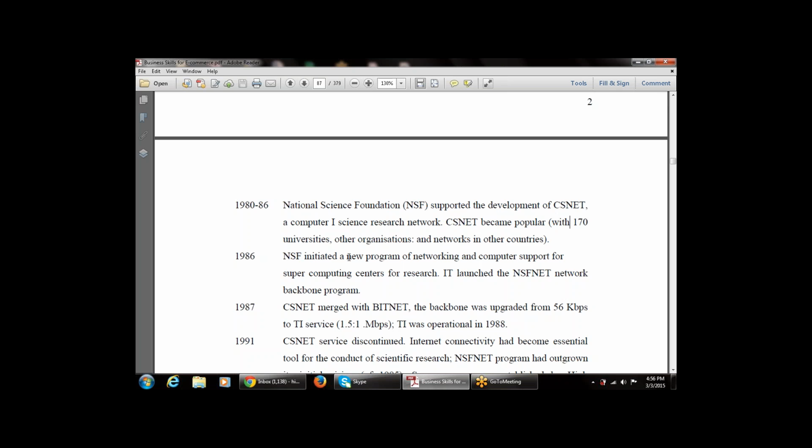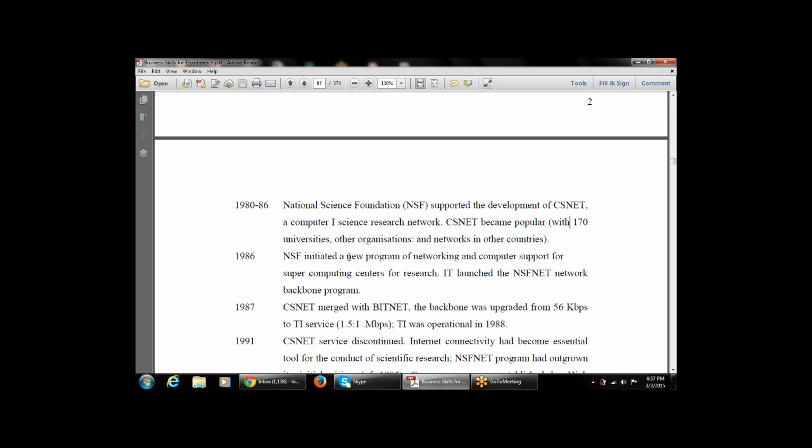Then in 1986, NSF initiated a new program of networking and computer support for supercomputing centers for research. That is, in 1986, the National Science Foundation initiated a new program of networking and computer support for supercomputing centers for research.